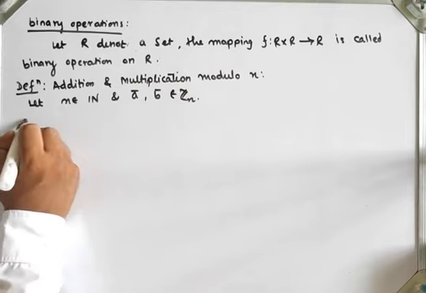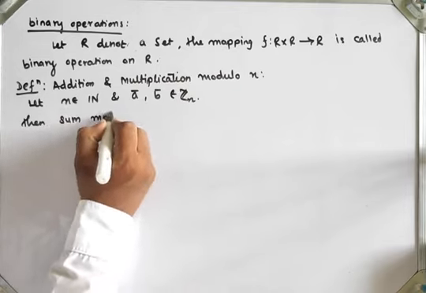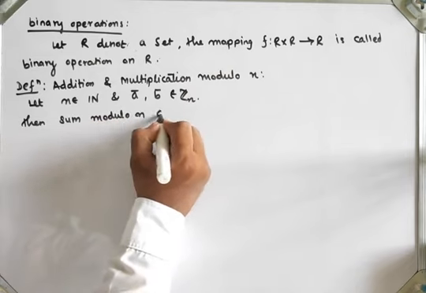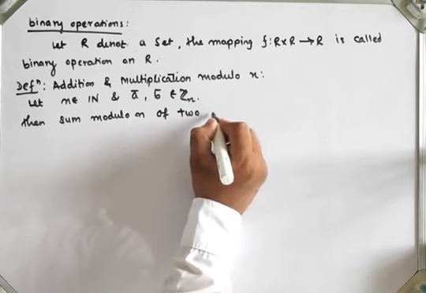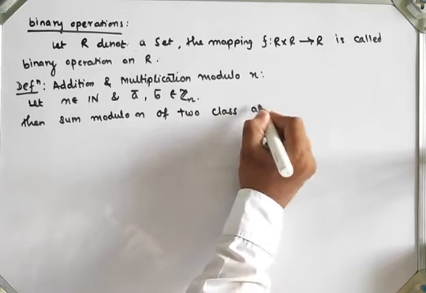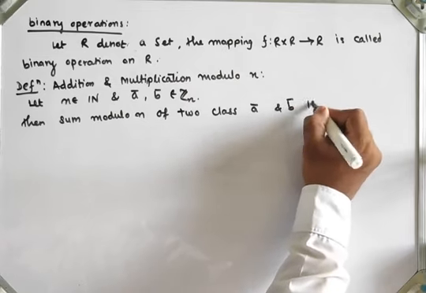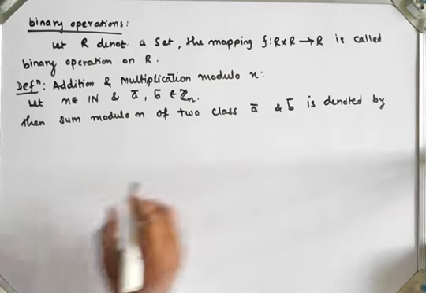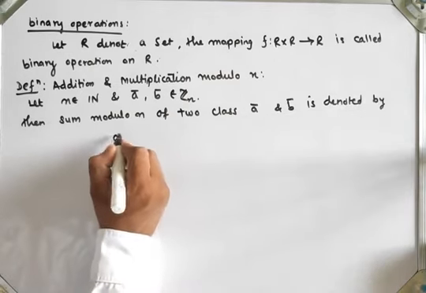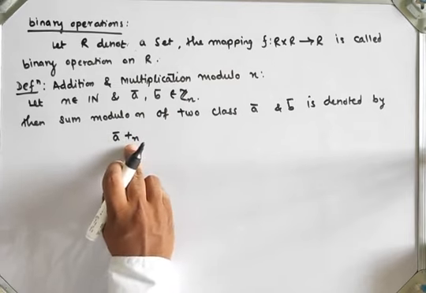Then the sum modulo n of two residue classes, residue class A and residue class B, is denoted like this.